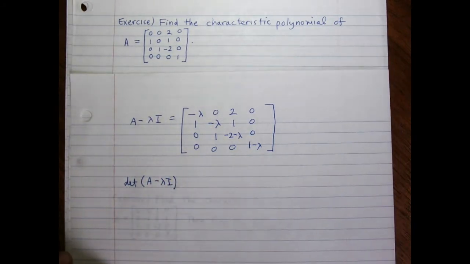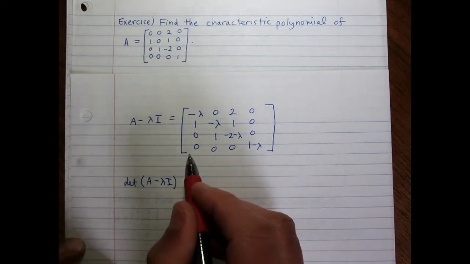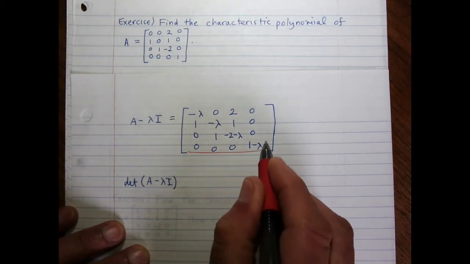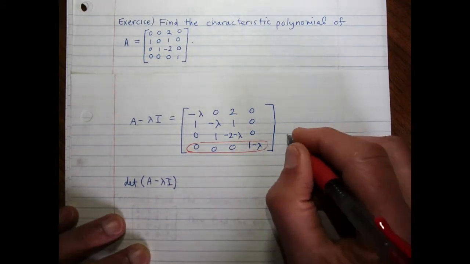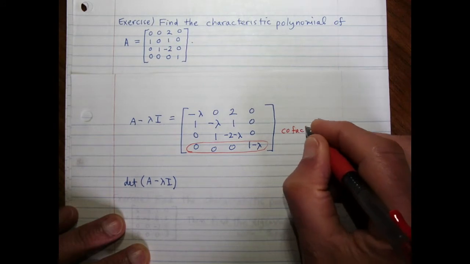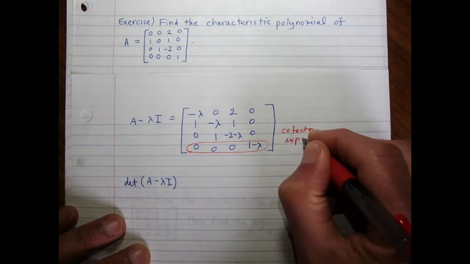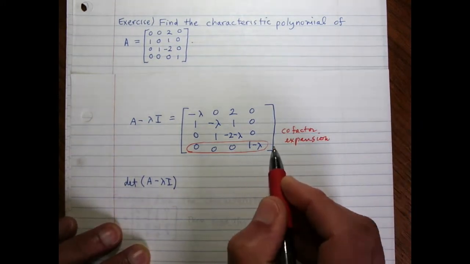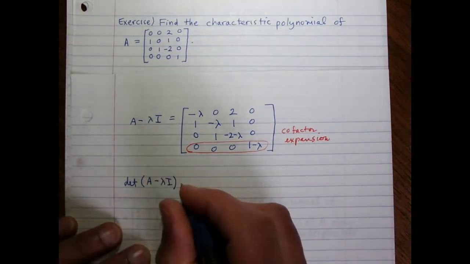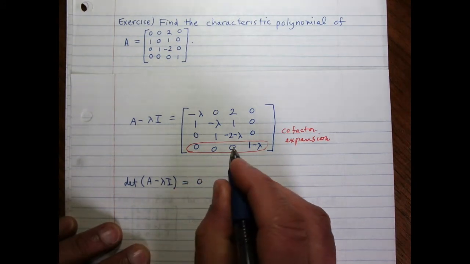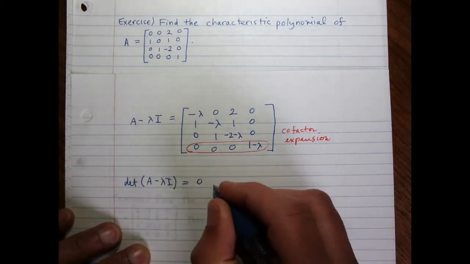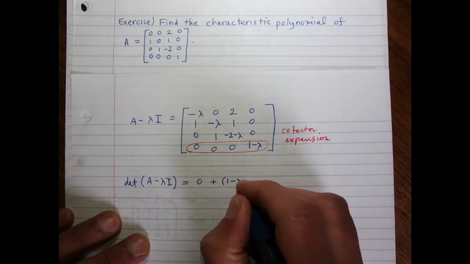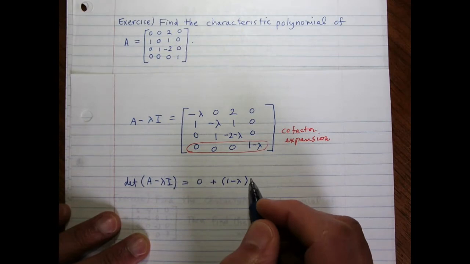And to do that, I'm going to use cofactor expansion. I like the way this last row came out. So we'll do cofactor expansion along that last row. So I'm going to have a whole bunch of zeros, right? And then I'm going to have 1 minus lambda times plus or minus 1.